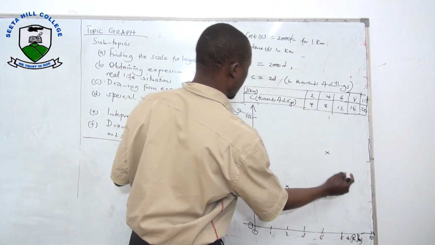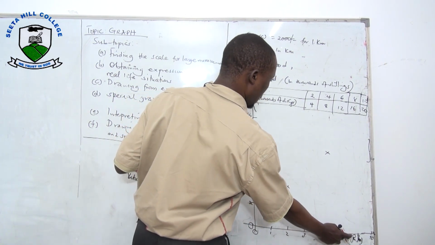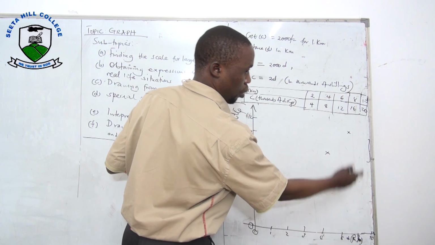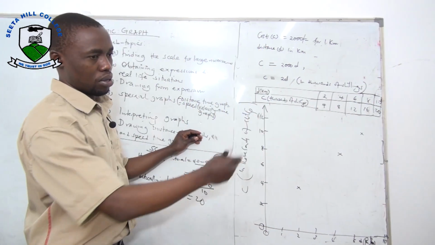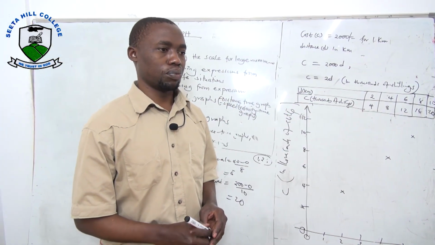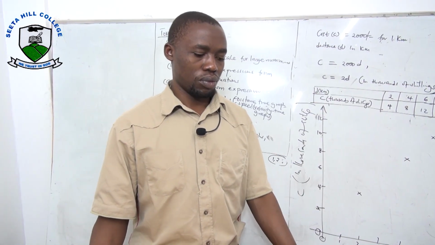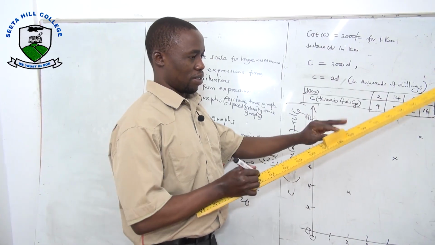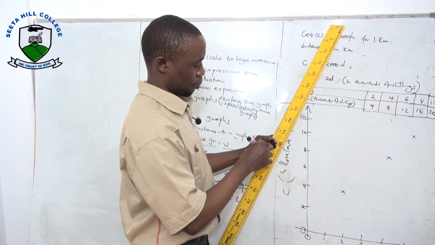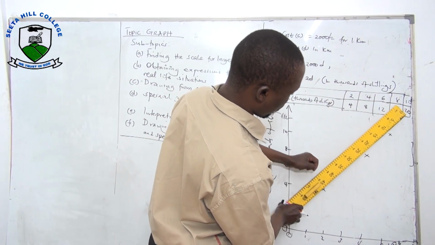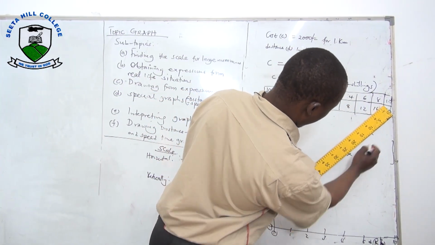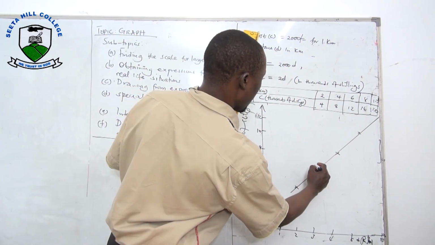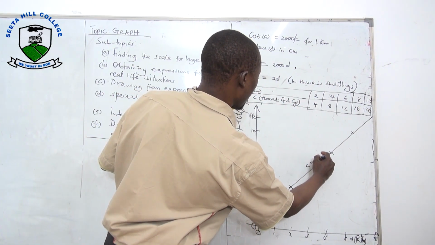Continue plotting and draw our straight line there. Plot all points, then you'll join by a straight line, and you'll label that graph C equals 2D.